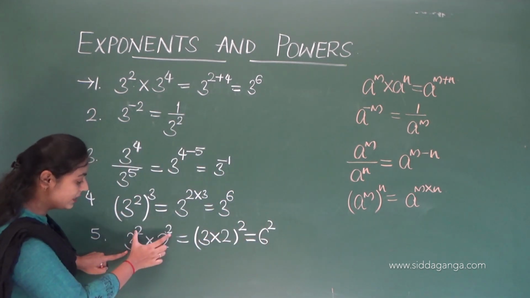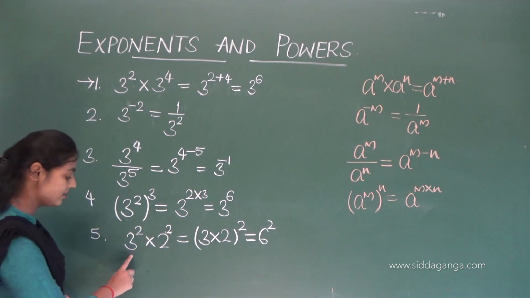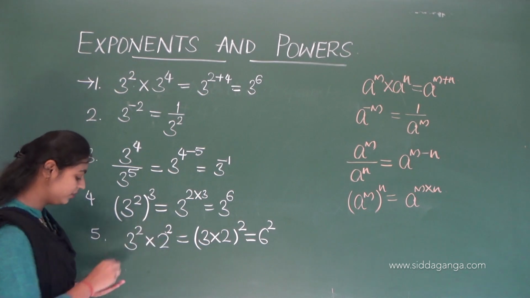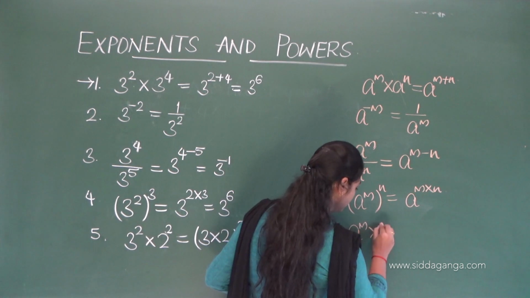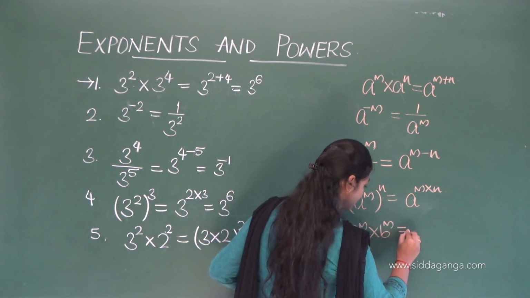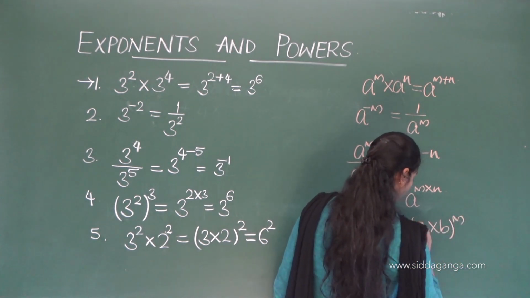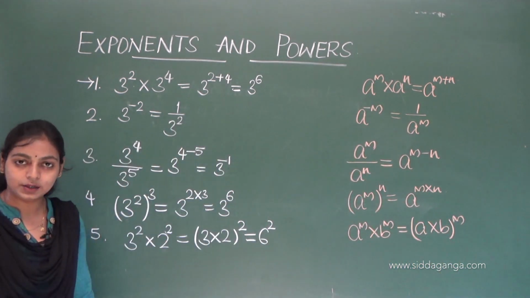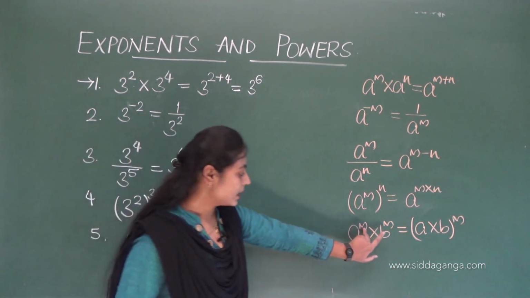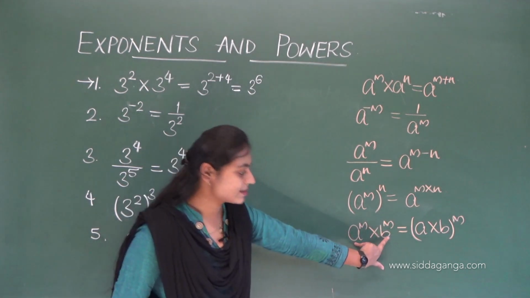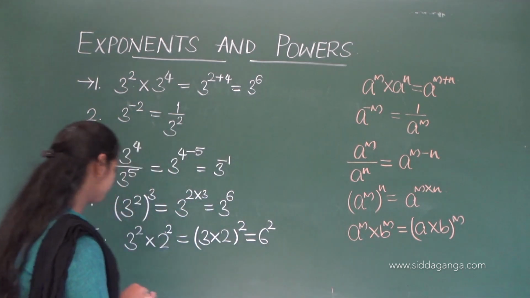When bases are different and exponents are the same, we can multiply these two bases, that is 3 into 2 whole to the power of 2. In general, a to the power of m into b to the power of m is equal to a into b whole to the power of m. When exponents are similar and bases are different, we can multiply these two bases.